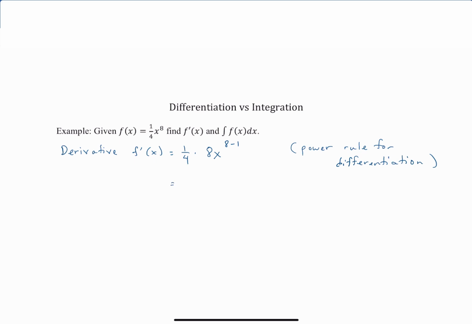Simplifying then, we have 2x to the 7th.